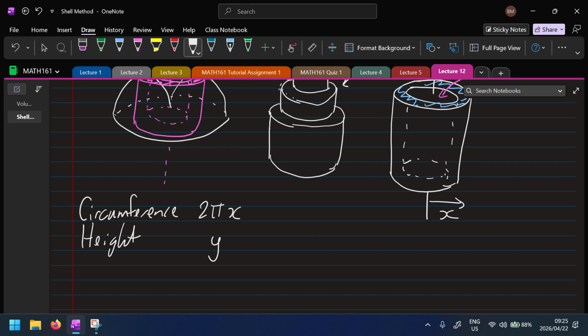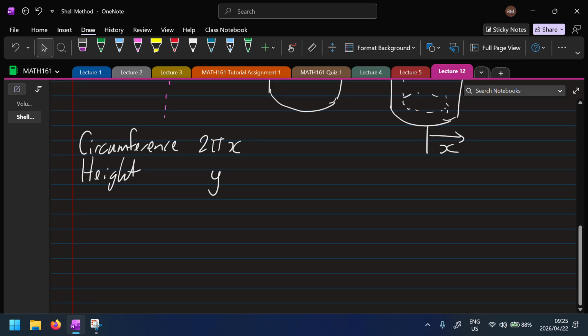So what's the volume of the cylindrical shell going to be? You've seen this before, right? Volumes of cylinders. We've got the circumference, the height, and the thickness.